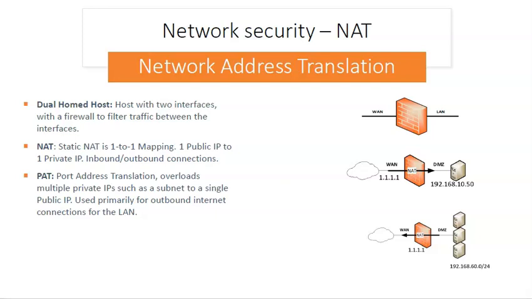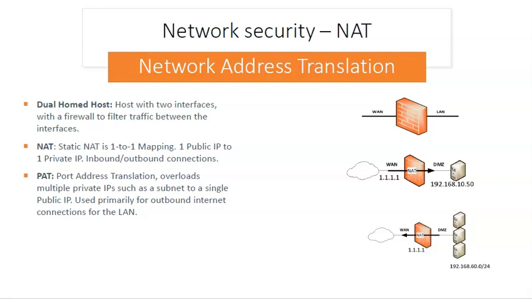Using different port numbers, the socket number of each and every communication from those systems is different, and using that socket number, the server identifies those systems separately and sends the communication to the particular socket number only. So PAT is mainly used for outbound internet connections from the LAN.